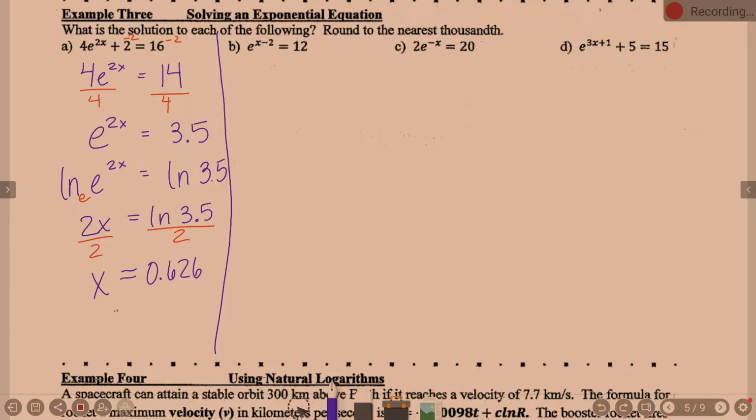What do we do on the last problem once we got the power by itself? We took the natural log of both sides. So I'm going to take the natural log of both sides right off the bat. So natural log of e to the x minus 2 is equal to natural log of 12.